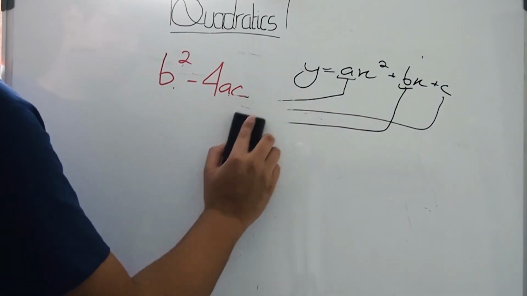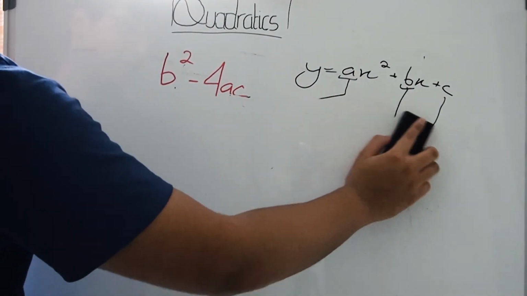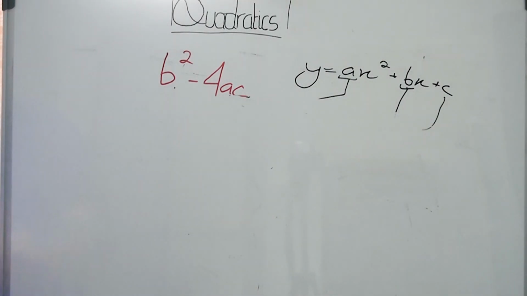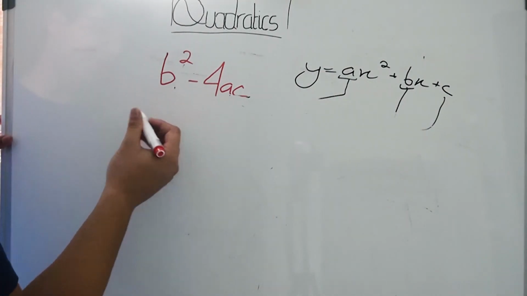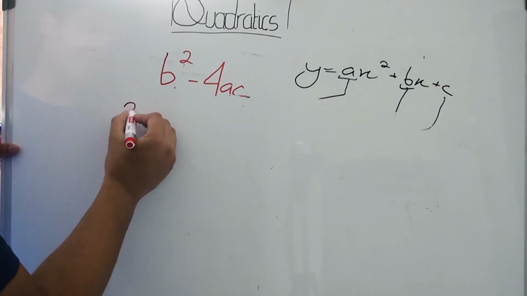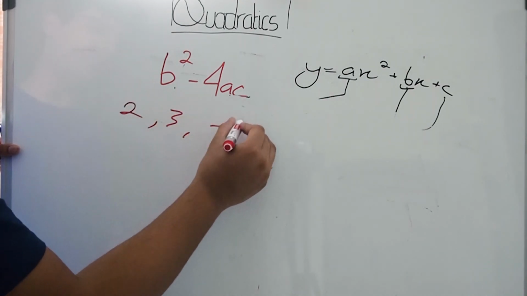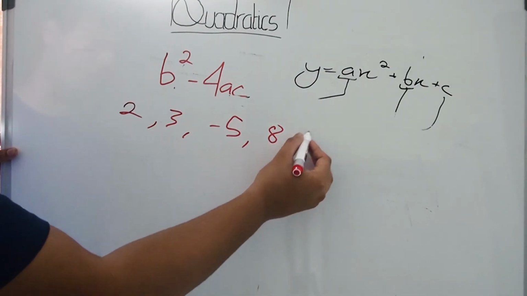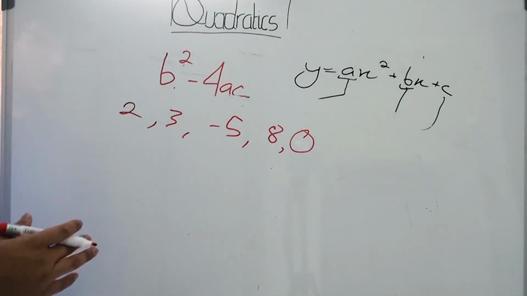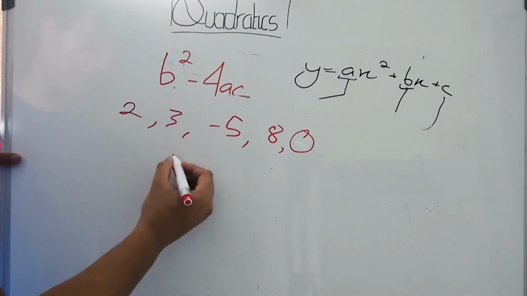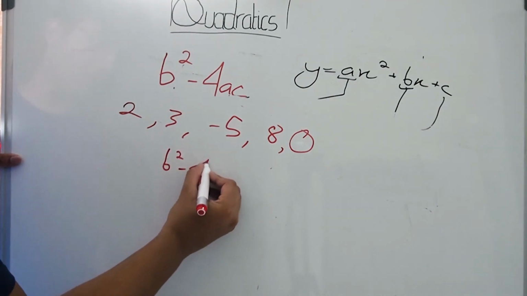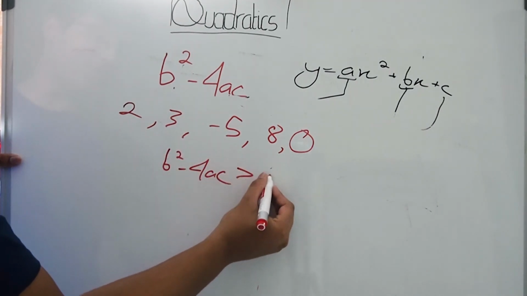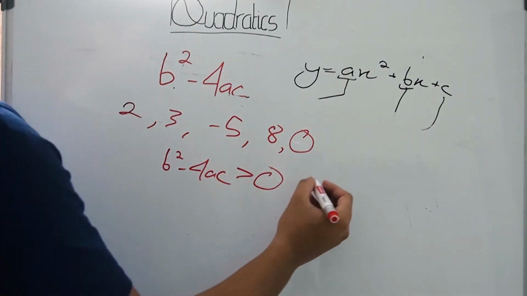Now that we know this, once you solve this, you will come up with a value. Let's say the value is 2, 3, minus 5, 8. It can be anything. The value can be anything. It can also be 0. Now, if the value is positive, b square minus 4ac is more than 0. More than 0 means positive.